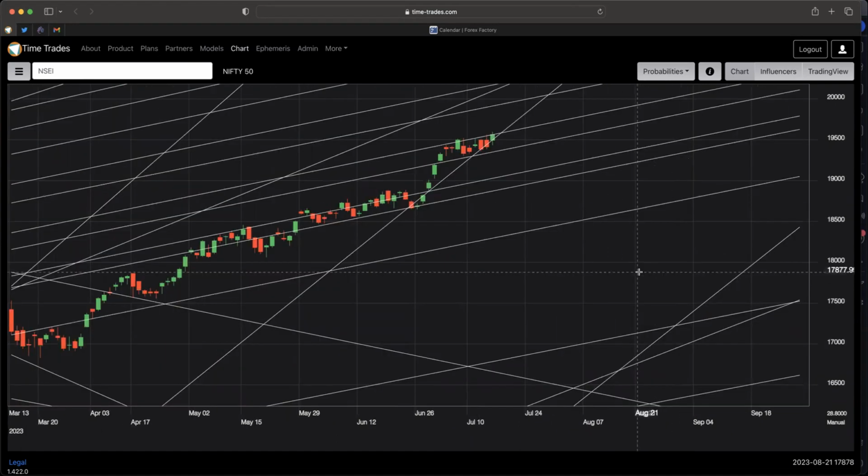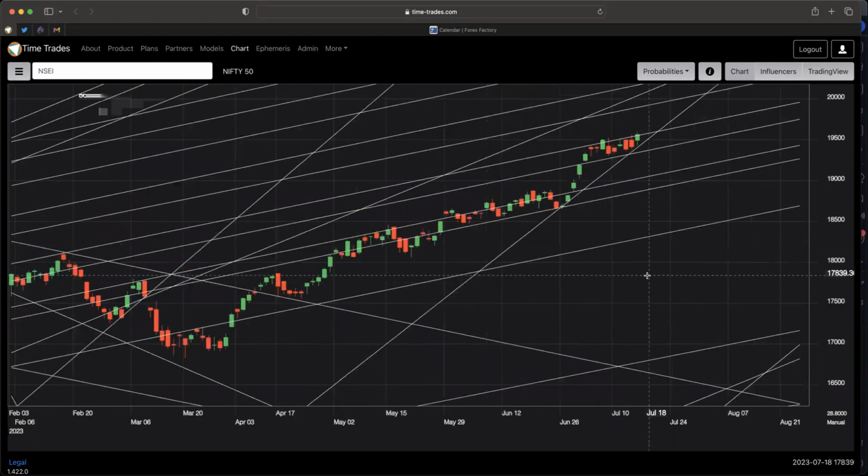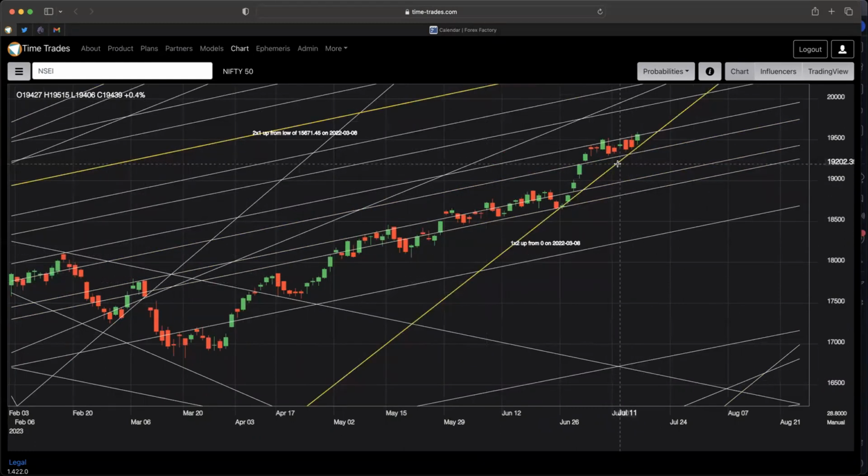Okay, so we're looking at the Nifty 50 now on the National Stock Exchange in India. And again, I like to focus my analysis on Gann Fan behavior here. You can see how well it tracks these Gann Fans. Right now it's respecting this 1x2 that's moving up from 0 in March, that started in March of 2022.